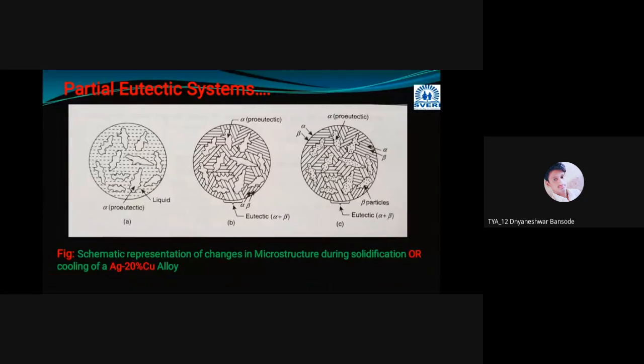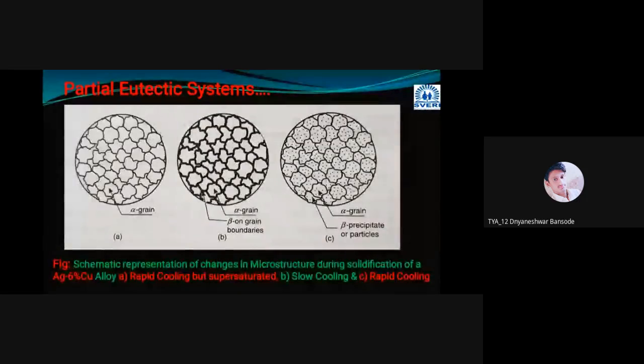Please complete this diagram. After completion of the diagram, please put in the chat box that you have completed the diagram.